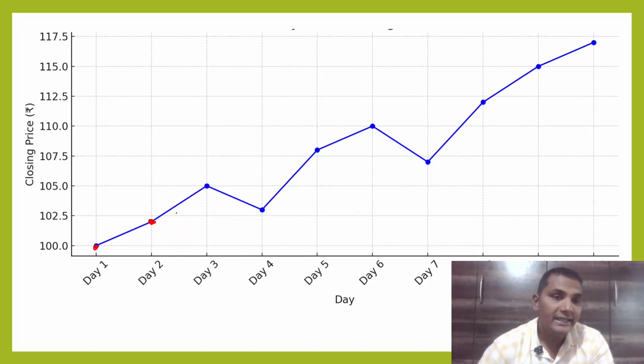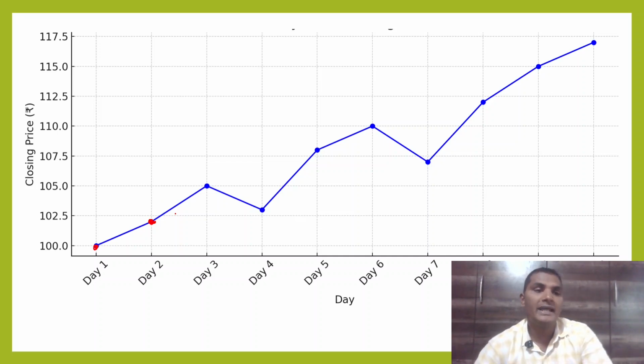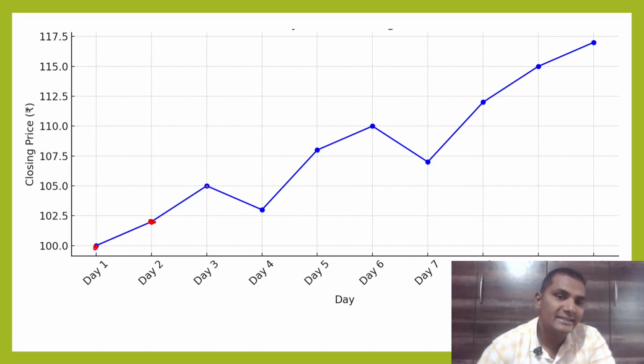On the third day again the price opens at 9:15 and fluctuates, and at 3:30 it closes at this level. On the fourth day again there are fluctuations in the stock price; it opens a little high and closes down at this level.